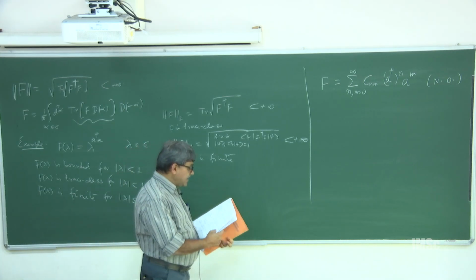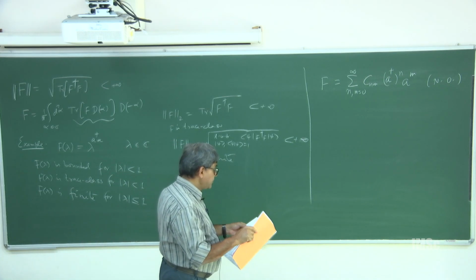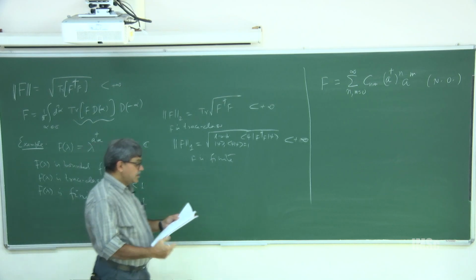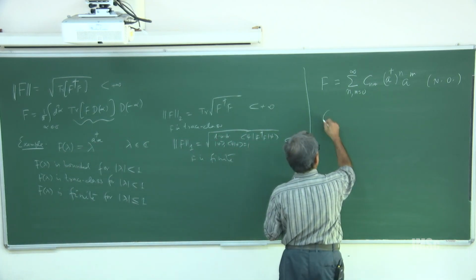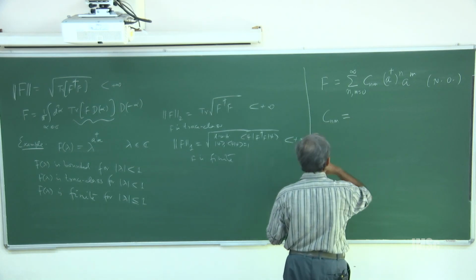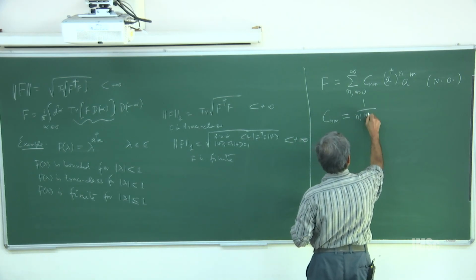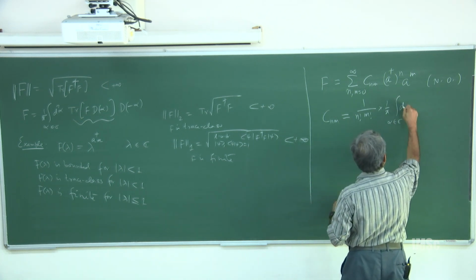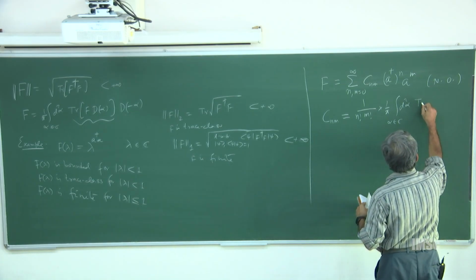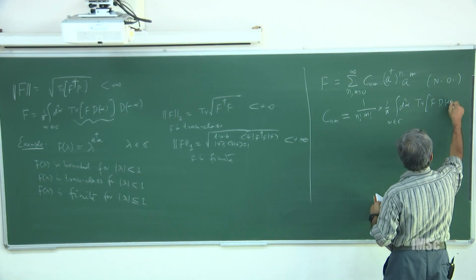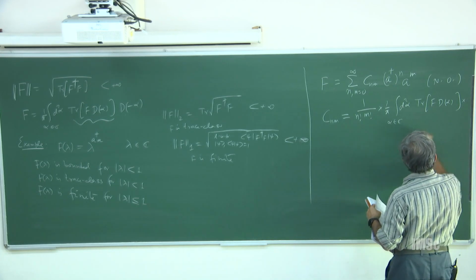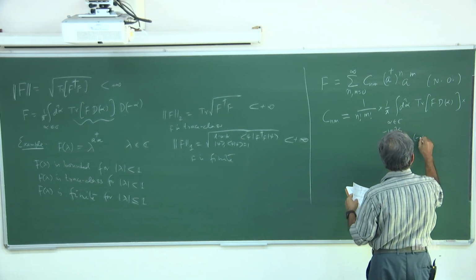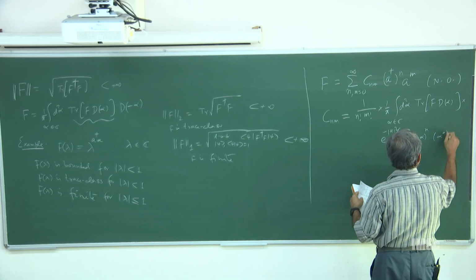And we have seen that when you use this representation in terms of the displacement operator, then this coefficient C n m has this form: 1 upon n factorial m factorial, 1 upon pi, integral over alpha belonging to C of d square alpha, trace of f D alpha, this is the weight function, multiplied by e to the power minus mod alpha square by 2, into minus alpha to the power n alpha star to the power m.